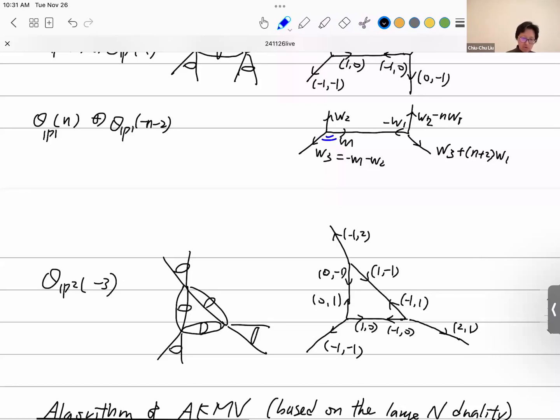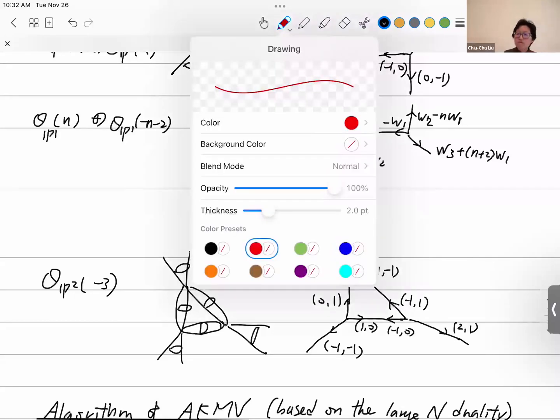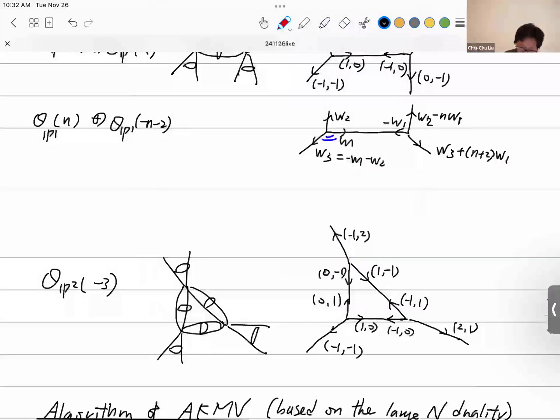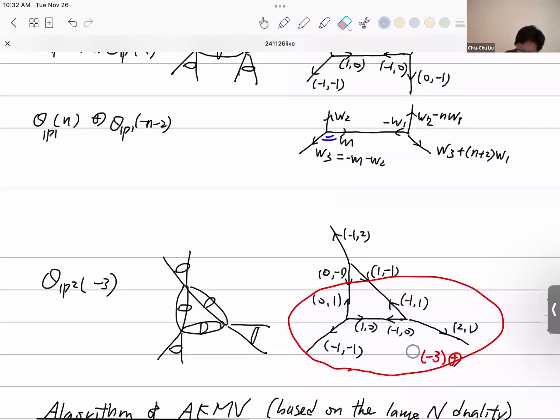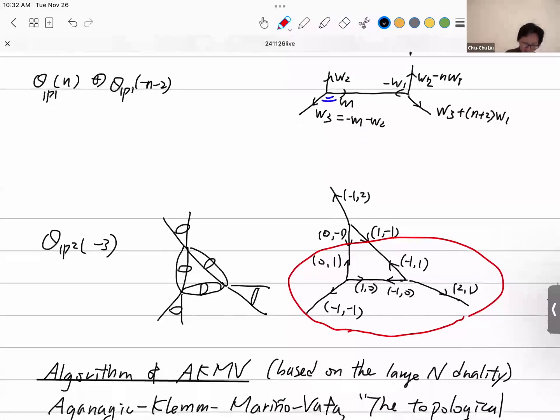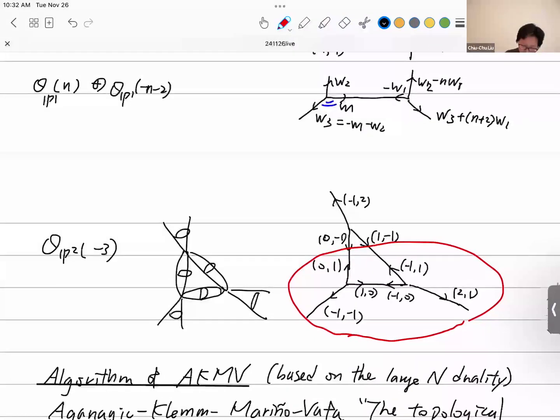So then after you remove that fiber, what you get is the total space of O minus 3, the bottom part. So this part will give you the total space of, so this is O minus 3 plus. So actually we can compare this with this picture.